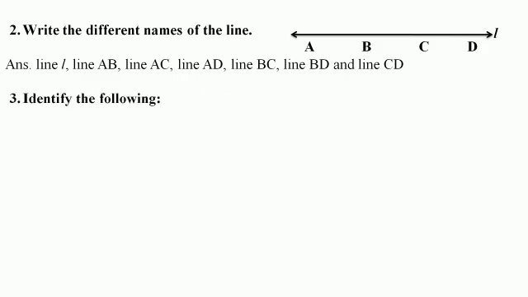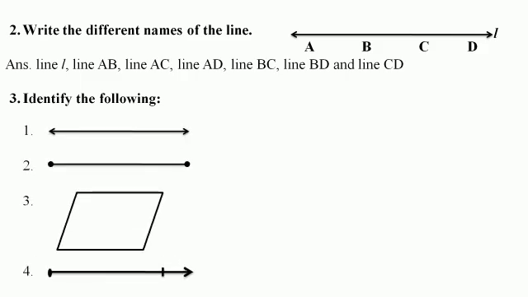Identify the following. We can clearly see there are 4 figures given below. We need to identify each figure. The first figure is a straight line with arrowheads towards both the ends. So, it is a line.